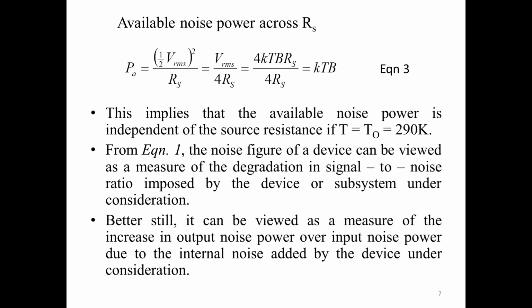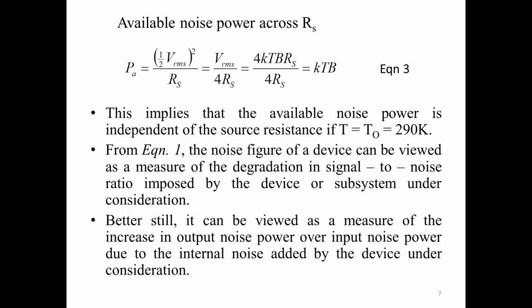Available noise power across Rs will now be given as PA equals half V_rms squared all over Rs, which is V_rms squared over 4Rs, which is equal to 4kTBRs over 4Rs, giving kTB, which is referred to as equation 3.